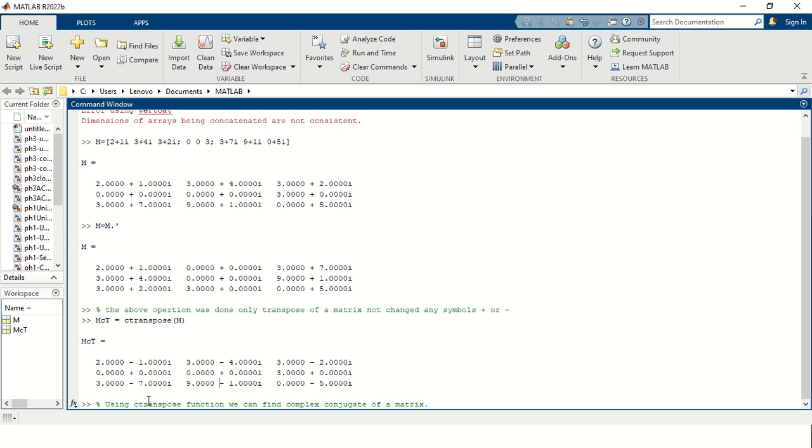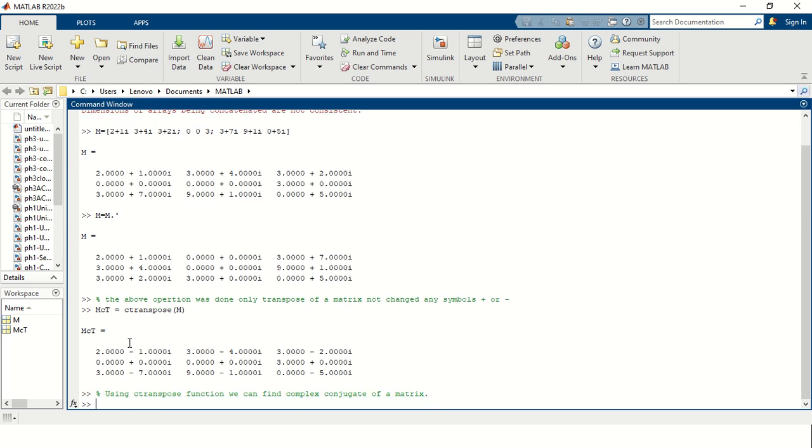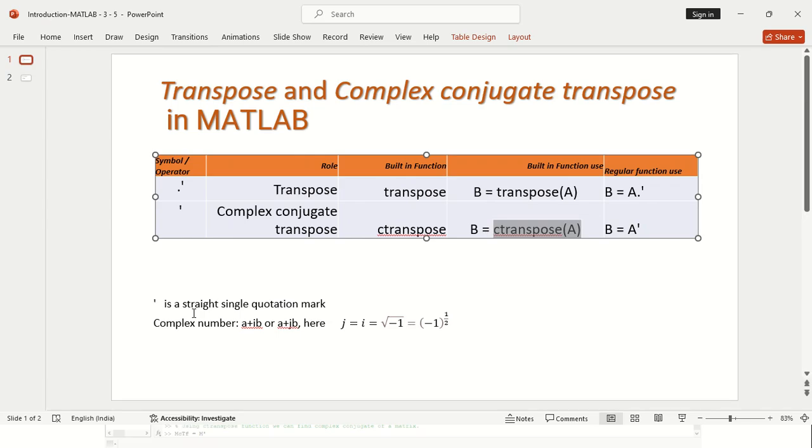Okay, simply. And there is another function we need to test, right? So I am going to test the same operation with the function M, just with a single quotation mark, to find the C transpose. In the examples I have taken the M matrix here.